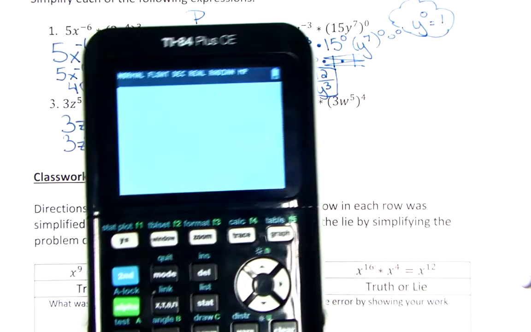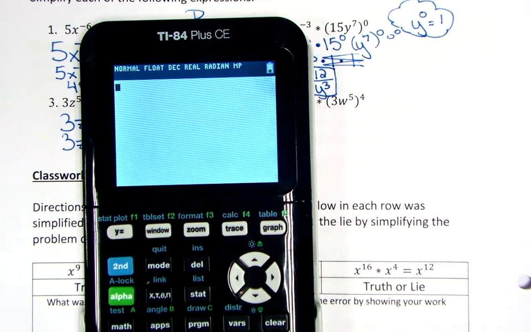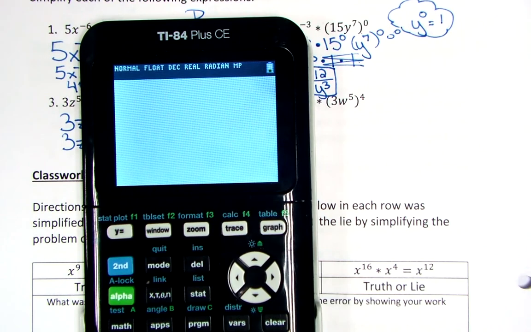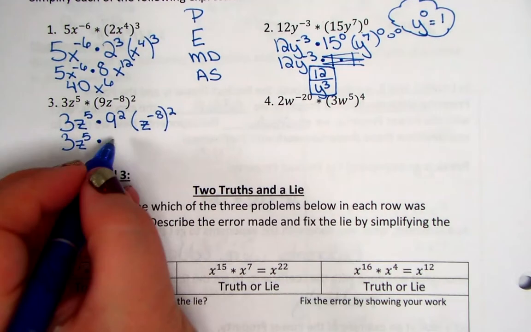So it would look something like this on your calculator. Of course, your calculator would not be the graphing calculator, but it will look something like this if we were trying to raise it to a power. 9, and then press that caret button and raise whatever power you're looking for. But 9 squared is 81.